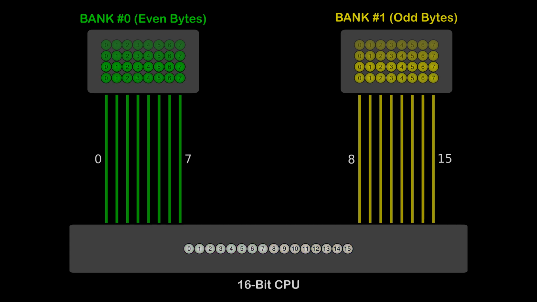Conversely, if the CPU wishes to access the least significant byte in isolation, it again transfers the entire 16-bit row and discards the most significant portion of the transport. Analogously, if the CPU wishes to access the most significant byte, it performs the same 16-bit transfer and instead discards the least significant portion of the transport.